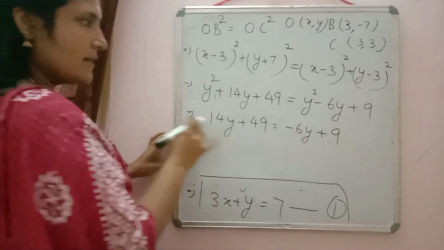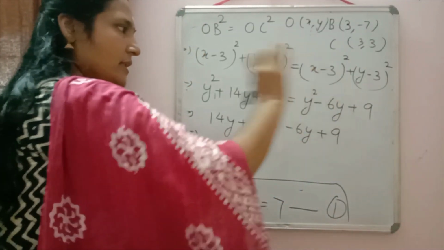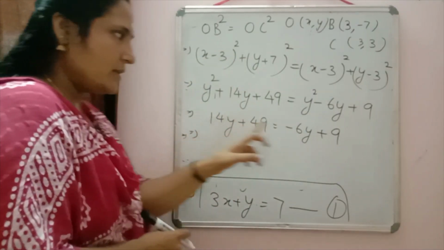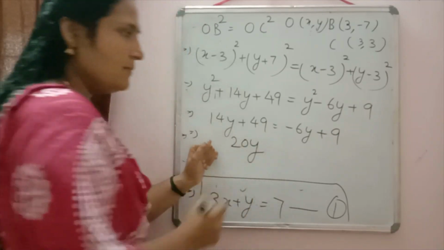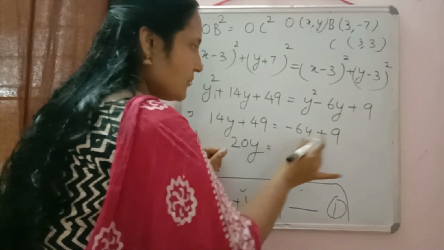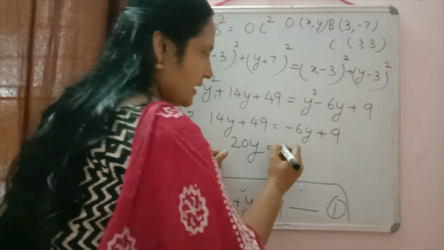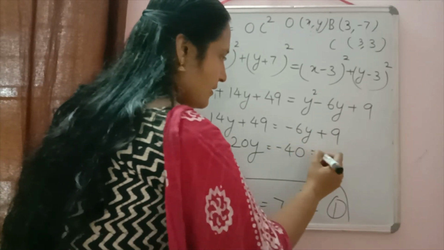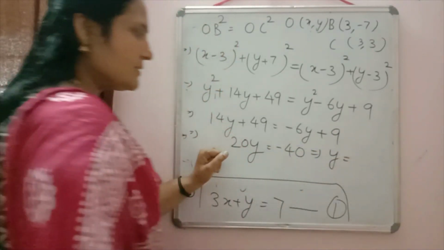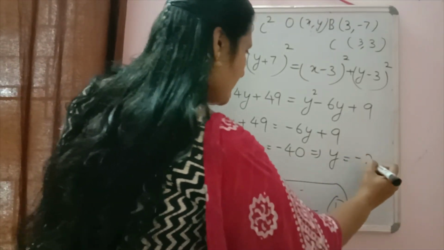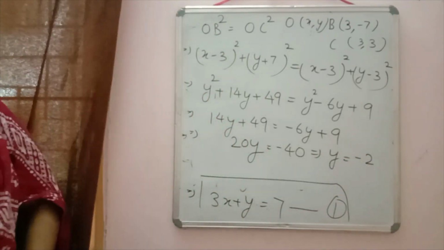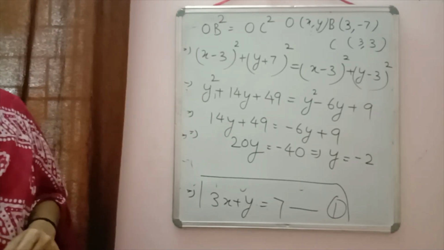So minus 6y I am shifting to the left hand side and 49 to the right hand side. So 14y plus 6y, 14 plus 6 will be equal to 20y is equal to 9 minus 49, which will be equal to minus 40. So we are getting y is equal to minus 40 divided by 20. So y is equal to minus 2.